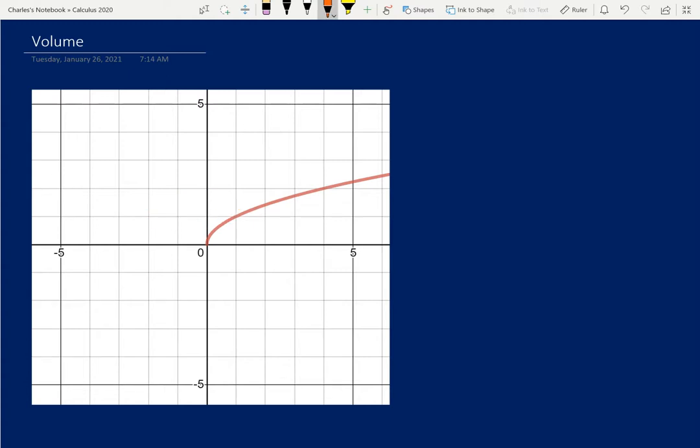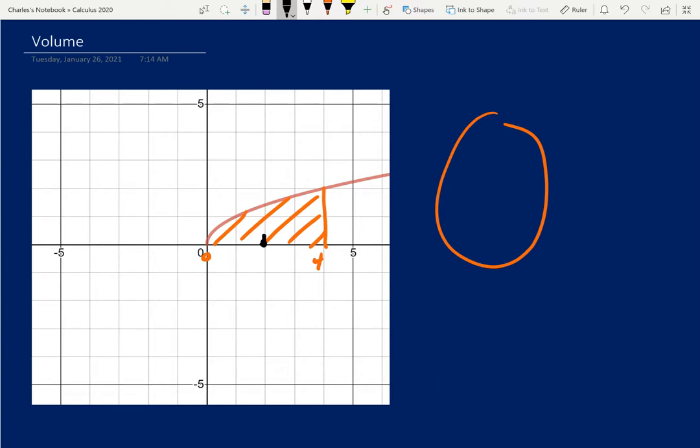Okay, so let's just talk about this region right here between 0 and 4, and let's rotate it around the x-axis. What are my cross sections going to be? They're going to be discs. What's the radius of each disc going to be? If you picture this height, the radius is going to be the exact height of the function, okay?